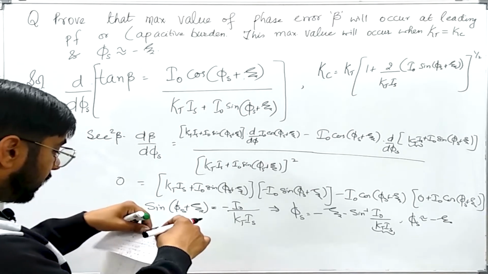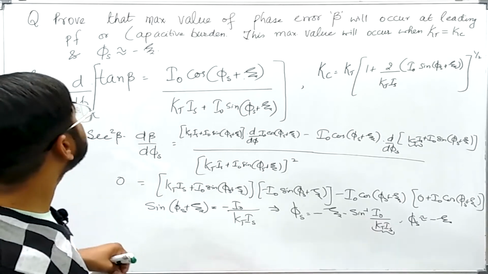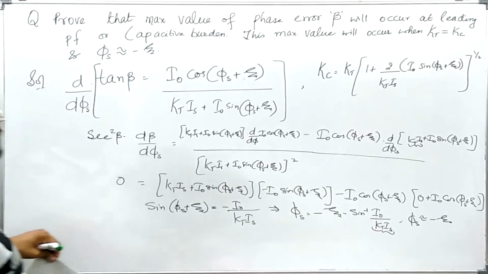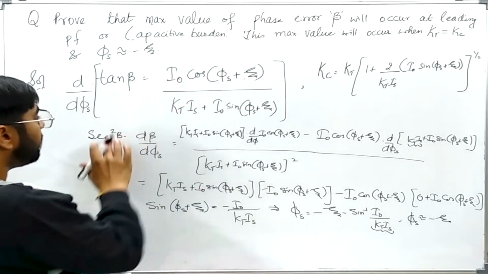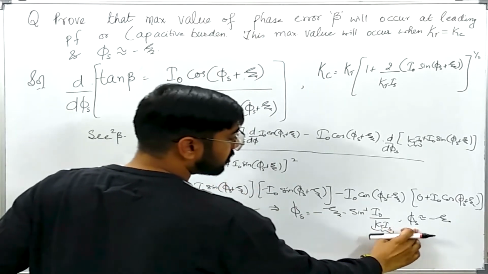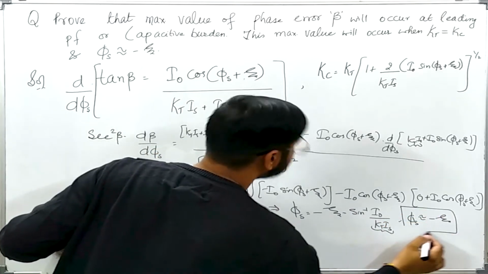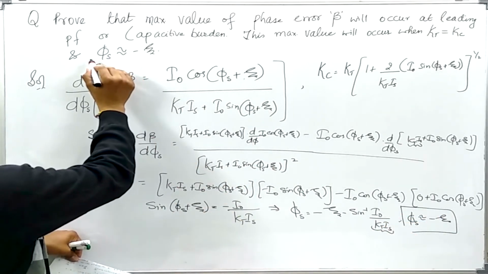So we can see that this phase error beta will be maximum when phi s is approximately equal to minus zeta. So this thing we have proved.